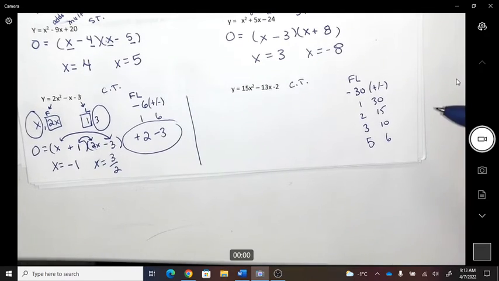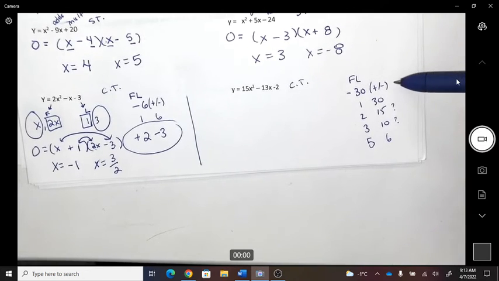I need to end up with a negative 13. So, ooh, which one of those sets is the one I'm going to pick? You have to be careful here. One of them is right and one is wrong because of the signs. What did we say?